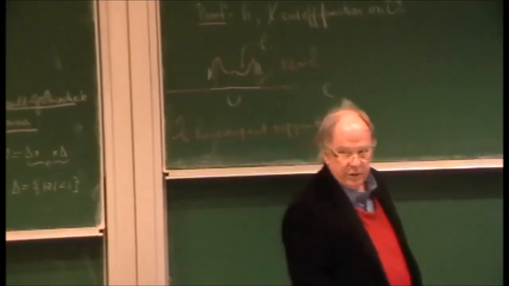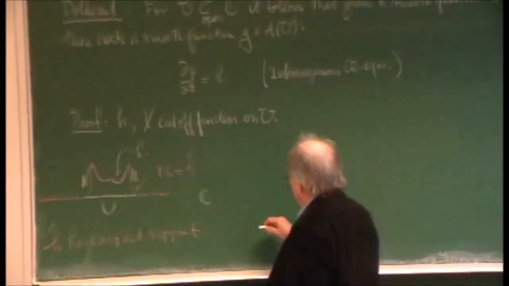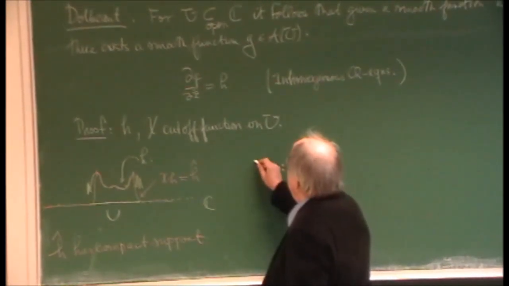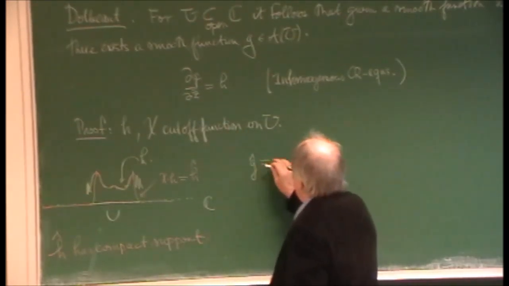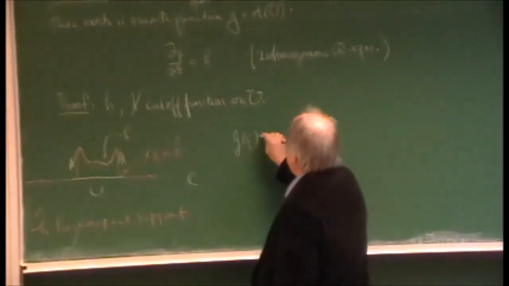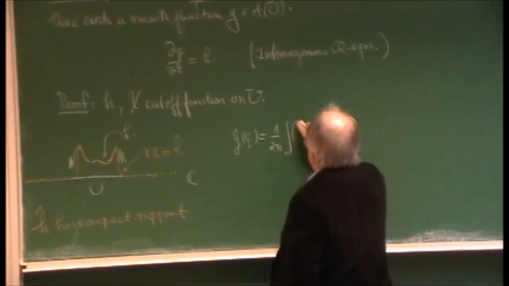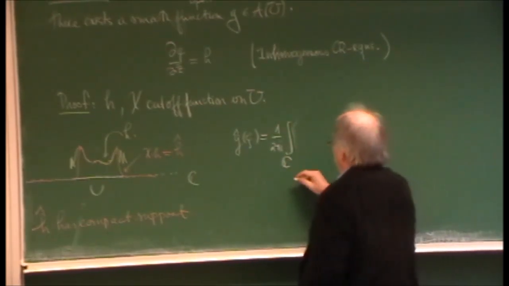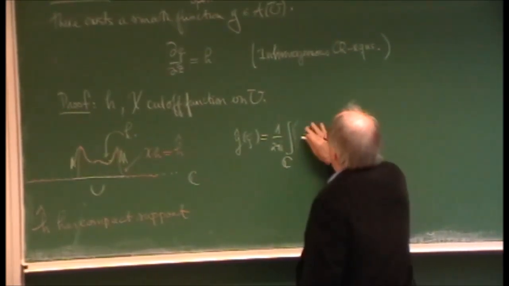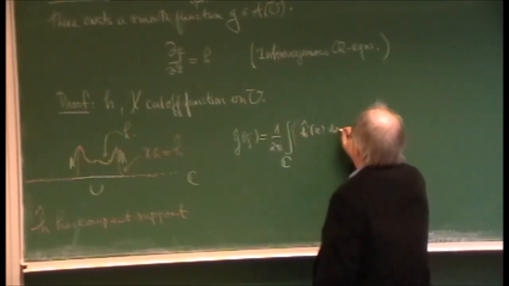So Dolbeault's idea is very simple. You just write down the solution to this problem. And you're not surprised because you can use Stokes and Cauchy type thinking. So the function, let's say g hat, is not going to solve our problem because I cut this thing off, but at least I'm going to come close. g hat of zeta is 1 over 2 pi i, the usual thing, of the integral over C of h hat of z dz bar divided by z minus zeta.